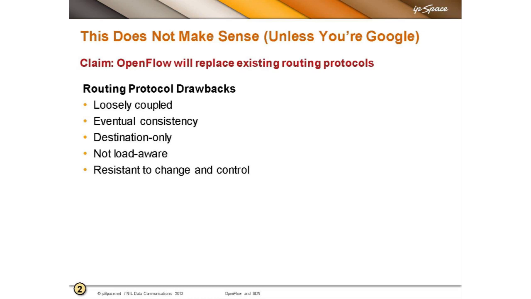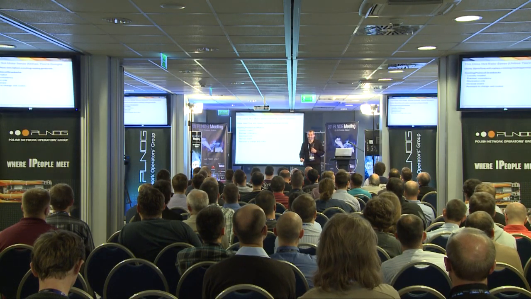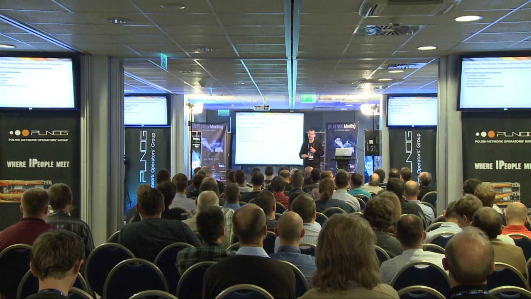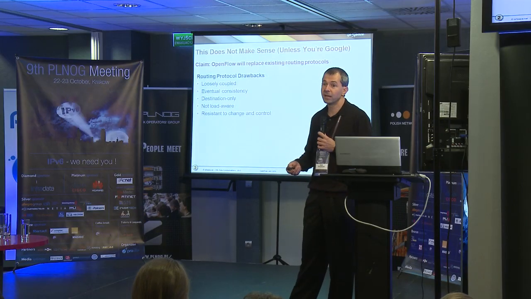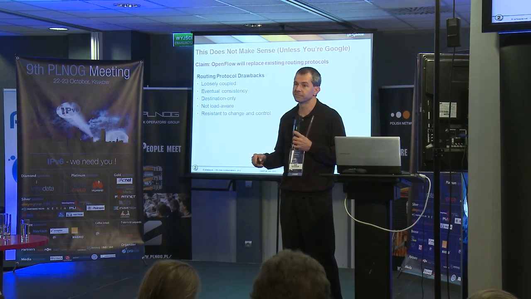And of course, then the OpenFlow proponents make claims like OpenFlow will replace existing routing protocols. And everyone loves to hate the routing protocols because they're loosely coupled, so you never know what will happen, and you have eventual consistency, so you never know that everyone has the same picture of the network. By the way, the internet as such doesn't converge anymore.